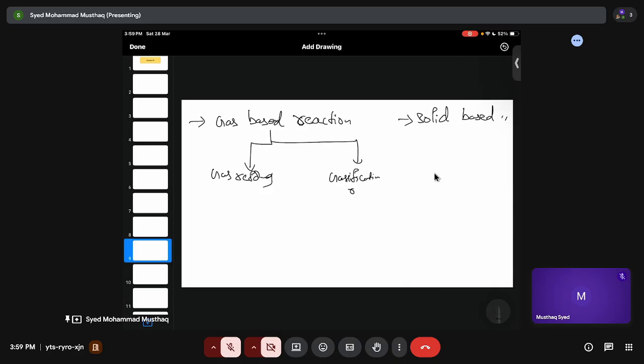Right? And while using these two, if your furnace is a shaft furnace, that means it's a vertically cylindrical furnace, okay? Then you have two things coming.